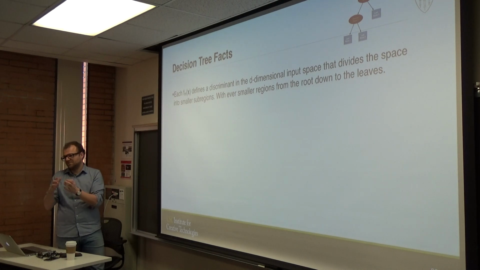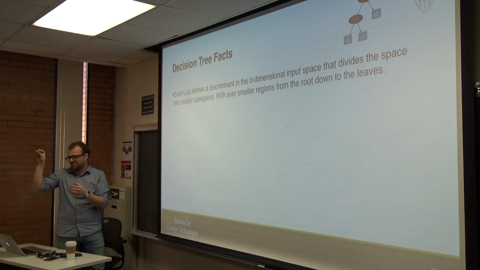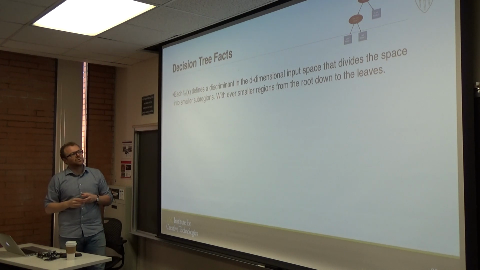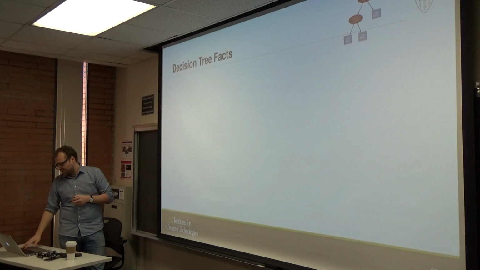Okay, so if we have a 20-dimensional input vector, for each decision in each node we would only pick one dimension. You can build more complex ones where you have if x1 greater than one threshold and x2 smaller than another threshold, you can mix and match, but we're going to restrict it to these one-dimensional ones.